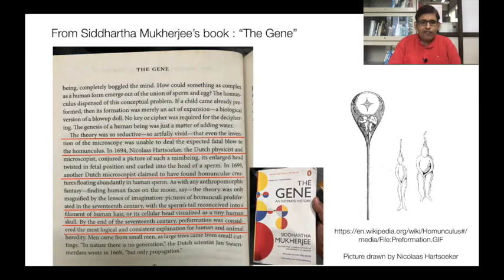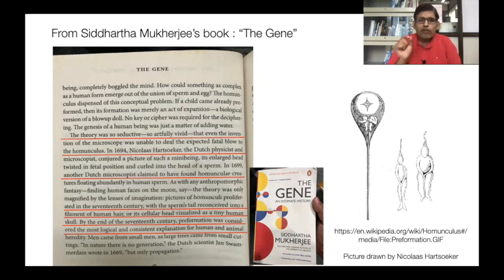In 1694, Nicolaas Hartsoeker, the Dutch physicist and microscopist, conjured a picture of such a mini being, its enlarged head twisted in fetal position and curled into the head of a sperm. In 1699, another Dutch microscopist claimed to have found homuncular creatures floating abundantly in human sperm."